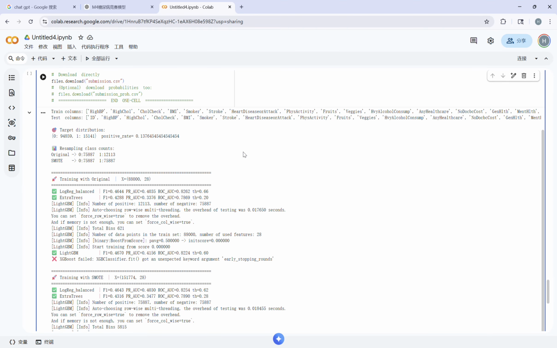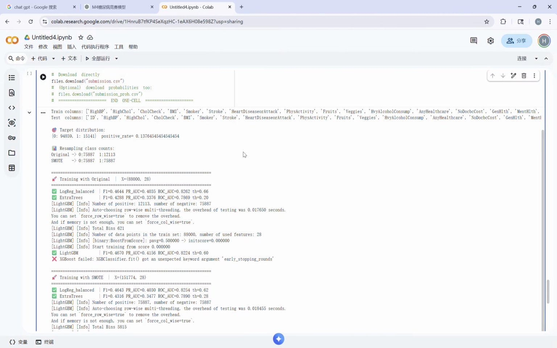Hi everyone, today I'm going to walk you through, from start to finish, a binary classification model I trained in Google Colab to predict whether a person is likely to have diabetes based on survey responses. The target variable in this project is diabetes binary.